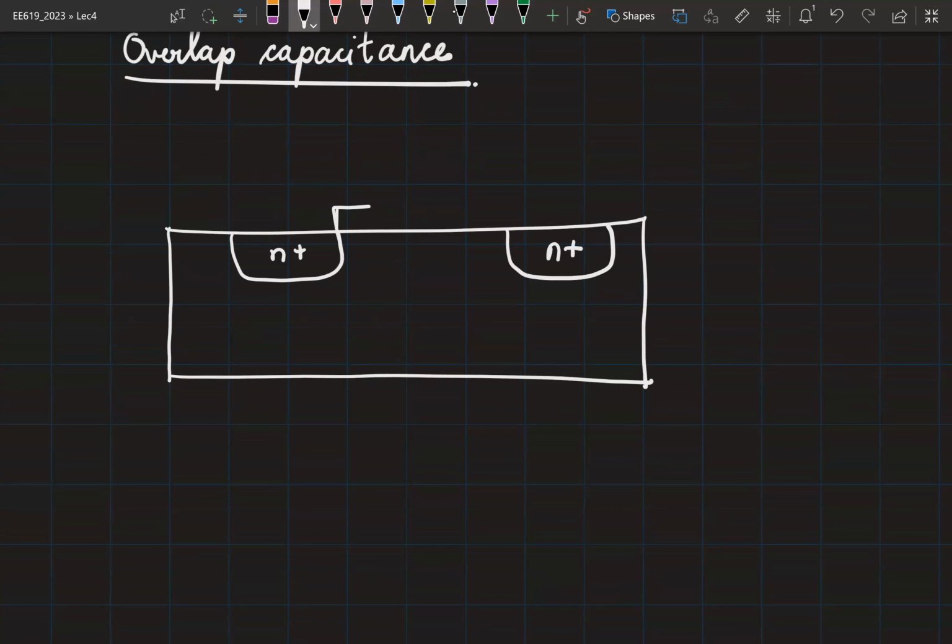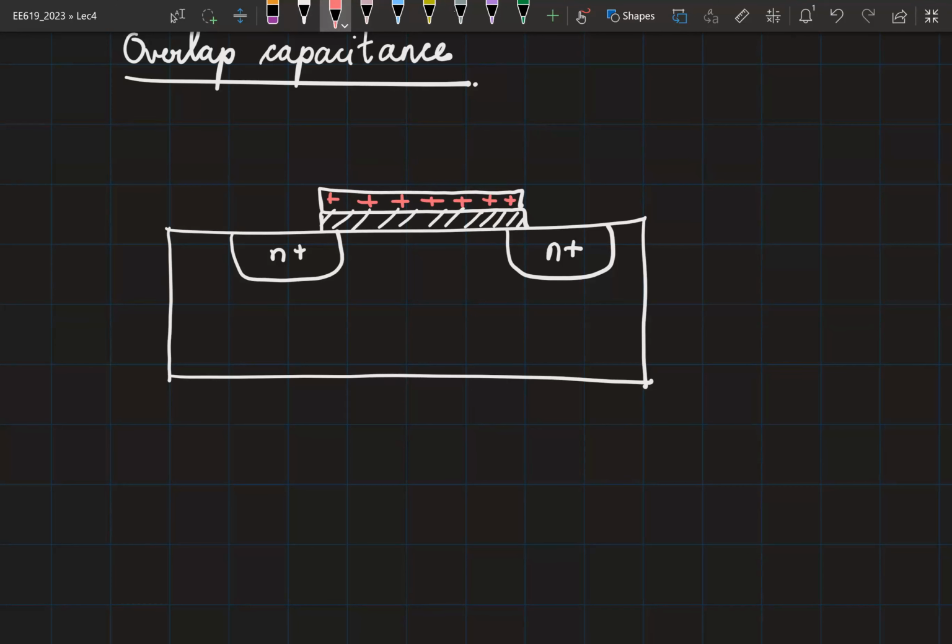So far, we have been drawing our oxide and gate very neatly like this, where they are completely aligned, right? In practice, by the end of the fabrication process, you would get a structure shown here, where there is an overlap between the gate and the oxide region with respect to the source and the drain diffusion regions. So now if I have positive charges on the gate, when I apply a positive VGS, I will easily have negative charges on the N plus diffusion regions, right?